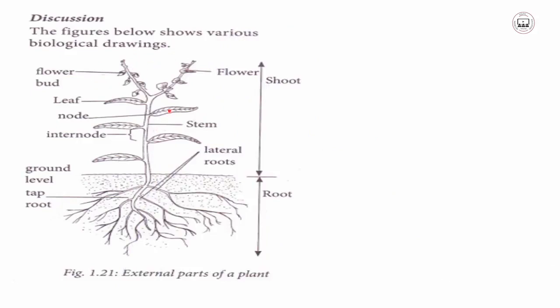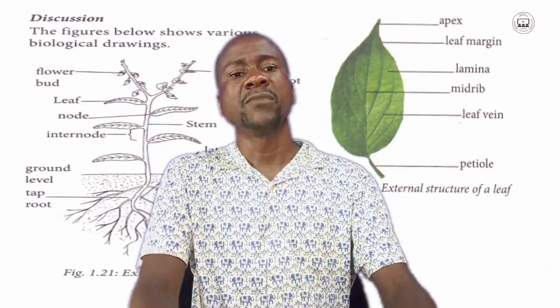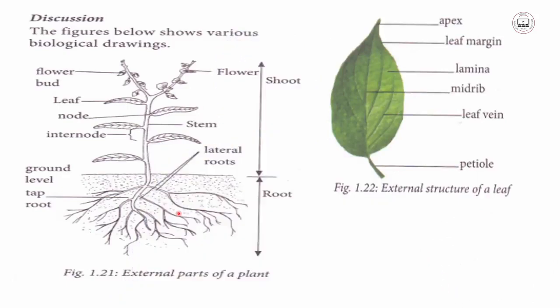So this is a plant diagram, and it is showing external parts of that plant. So this could be also another nature of a diagram. Not to end there, there is another type of diagram. So this also has been a diagram, and this is also showing external structures of the leaf.